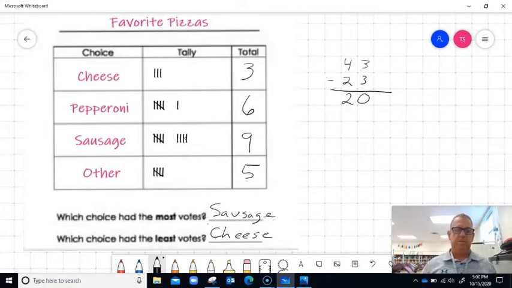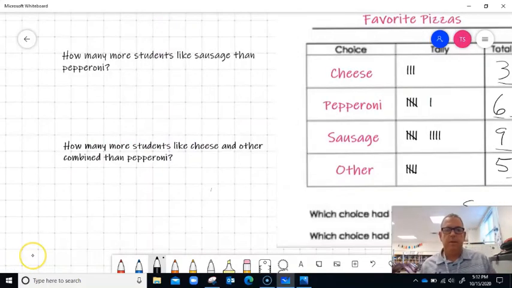Let's go ahead and look at some other questions over here. It says, how many more students like sausage than pepperoni? What operation is it asking me to do here? Yeah, I'm going to box in right here, how many more?